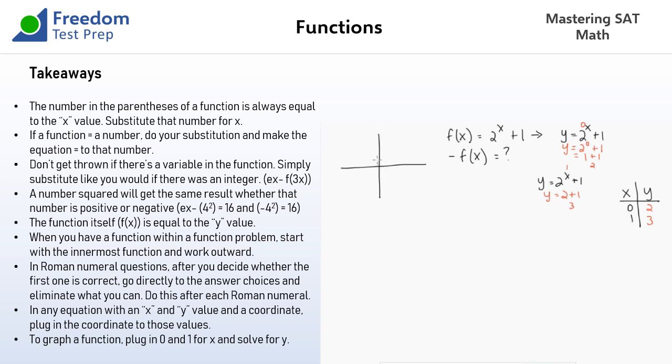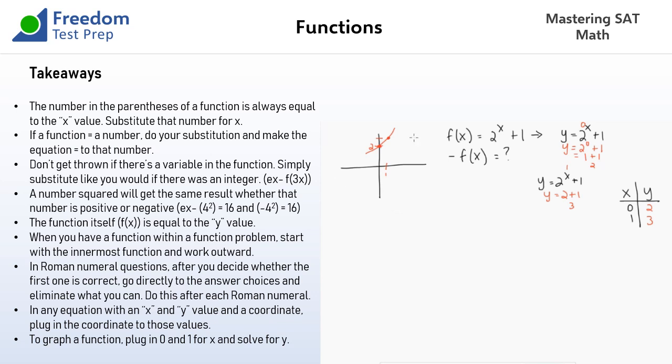Okay, so let's just graph it. We've got 0, 2. So that's our first point. And we have 1, 3. Let's say 1 would be here. And 3 is going to be 1 up, like that. Right, so we're going to have a kind of curve that'll be like that.